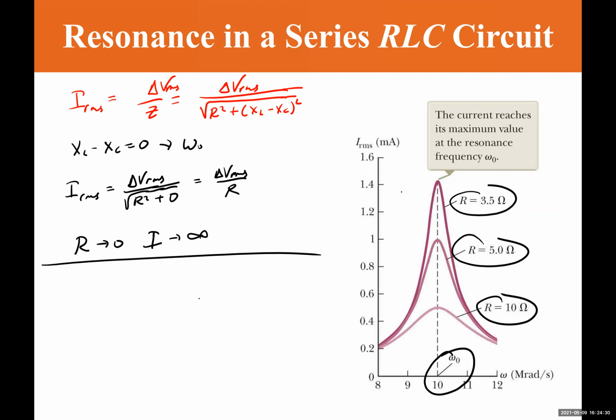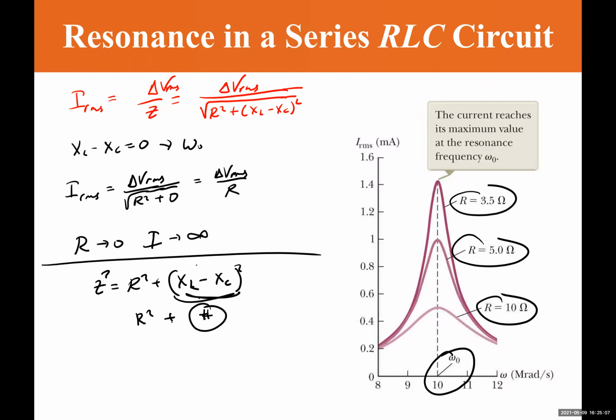You can see that the RMS current reaches its maximum value at this particular frequency, because the impedance is the lowest. So Z squared equals R squared plus (X sub L minus X sub C) squared. Regardless of which one is bigger, X sub L or X sub C, their difference is squared, so it can always give you some number, and then you have R squared plus that number.